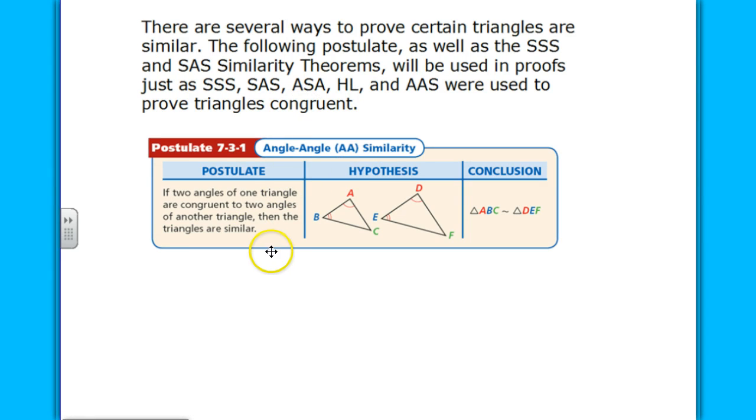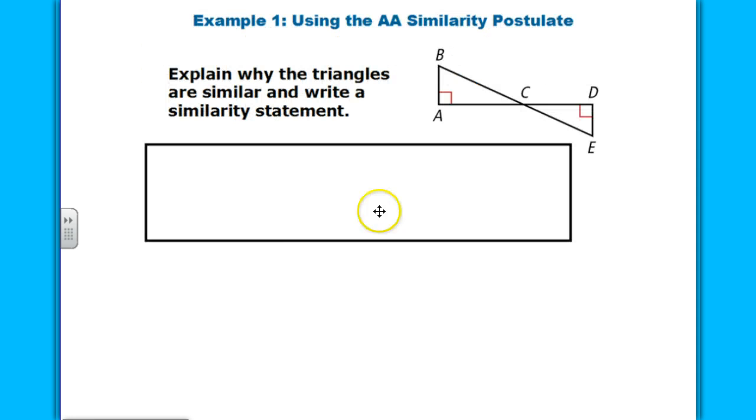Okay. So explain why these triangles are similar, and then write a similarity statement. Go ahead and pause and come back. Okay, so good. Andrew's saying that we know that this angle here is congruent to this angle. Why are those congruent?